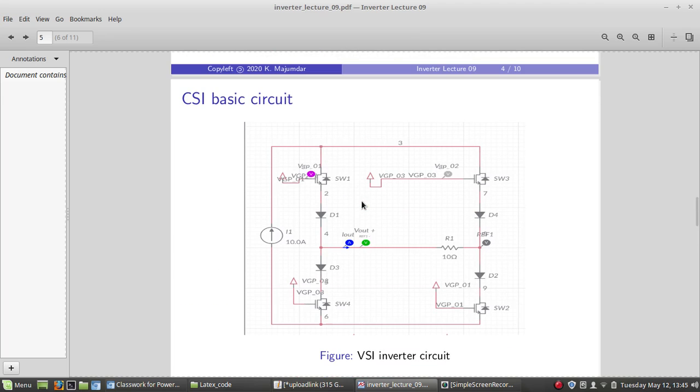But here in a CSI the antiparallel diodes are not required, because the current is always in one direction due to the rigidness of the current source. The switch conducts in this direction, and the diode also conducts in this direction. So this is called a series arrangement.